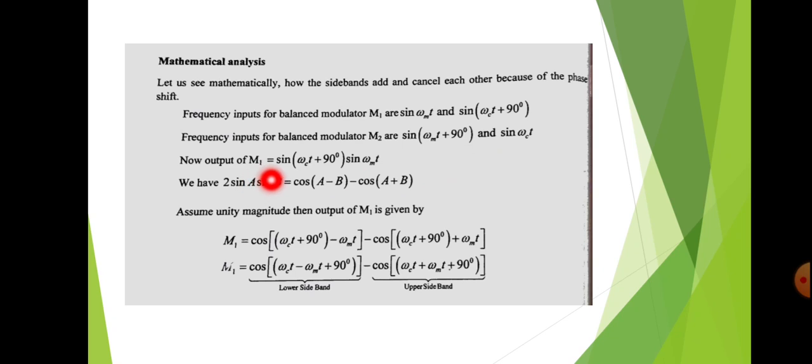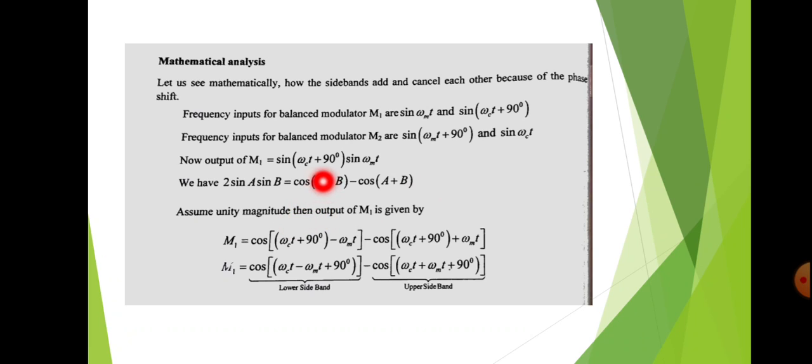Now, the output of M1 is sin(omega c t + 90 degree) into sin omega m t, that is, balanced modulator M1 multiplies these two signals. Similarly, balanced modulator M2 multiplies these two signals. You know that it is of the sin A sin B form. So we know that 2 sin A sin B is equal to cos(A minus B) minus cos(A plus B).